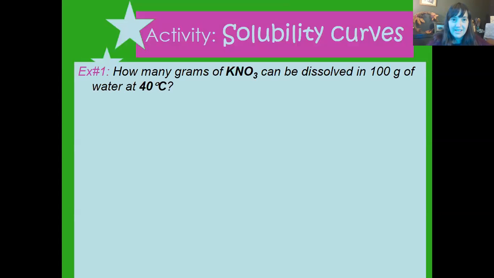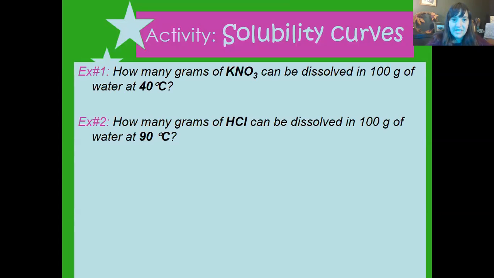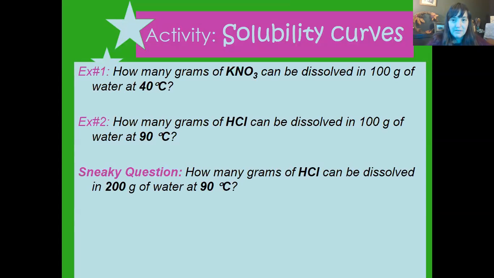Cool. So these are a couple examples for you to work on with people at your table, but you can work on them on your own. So example 1, how many grams of potassium nitrate can be dissolved in 100 grams of water at 40 degrees Celsius? Looking at your reference table, of course. How many grams of HCl can be dissolved in 100 grams of water at 90 degrees Celsius?